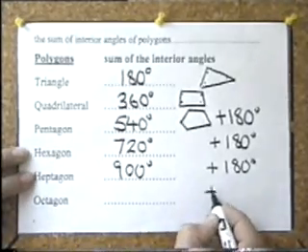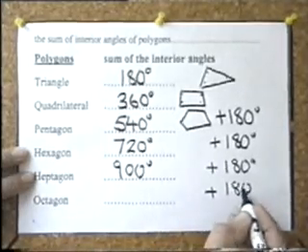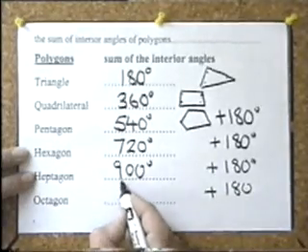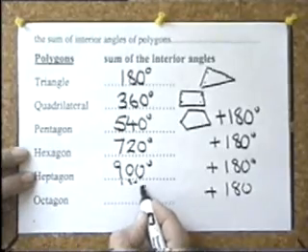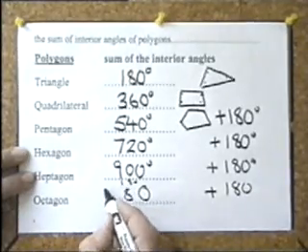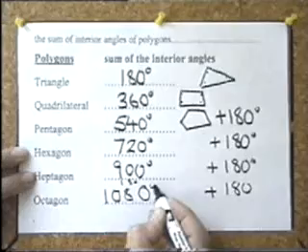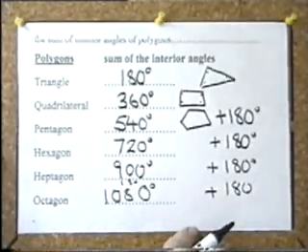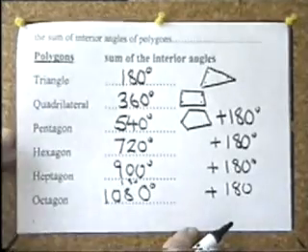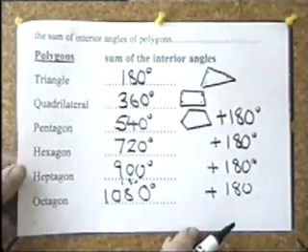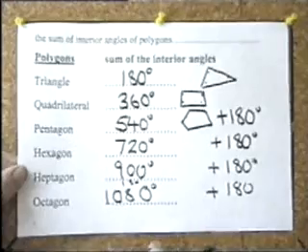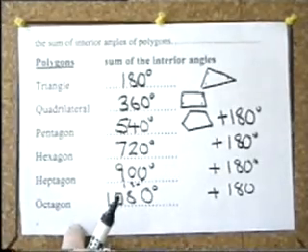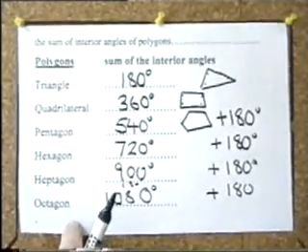Add another side, add another 180, so you'll have 1080. Now there is a formula for this, but quite honestly, I find this just as easy as any formula. Every time you add a side, you add 180 degrees to the interior angles of a polygon.